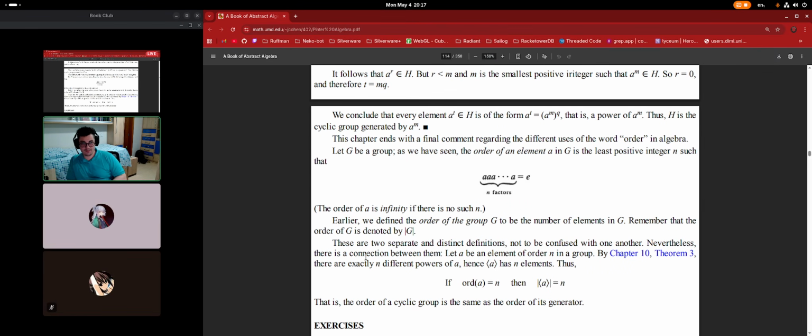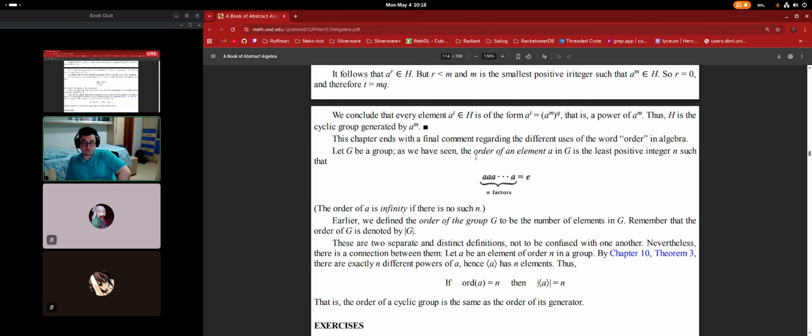And then the final note of this chapter is also kind of surprising and a little bit confusing to me, because in my mind this should be n minus 1, but maybe I'm wrong. I'm probably wrong. So let G be a group, as we have seen. The order of an element a in G is the least positive integer n such that if you apply the operation n times using a, you get the identity element.